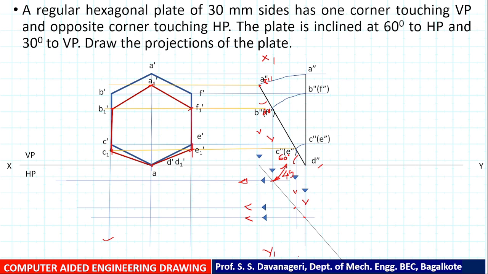Here you got point A, and if you look back here, you are going to get point A. Similarly, you got B point over here and F point. So C point, D point, E point and F point are over here. Now let us connect all these points with straight lines. Now this is the top view.